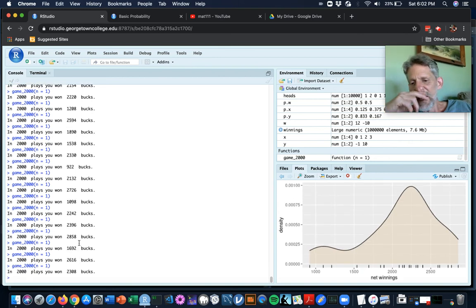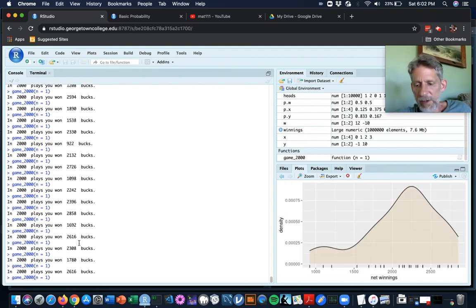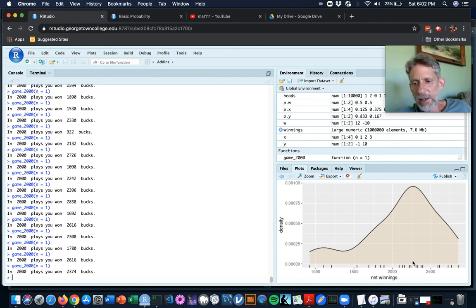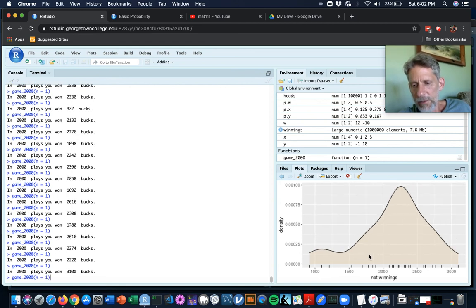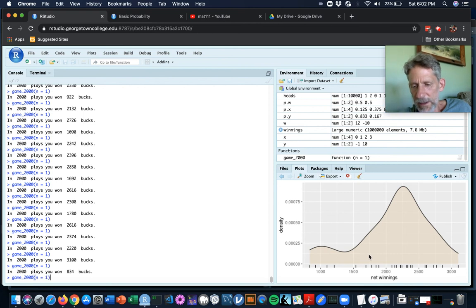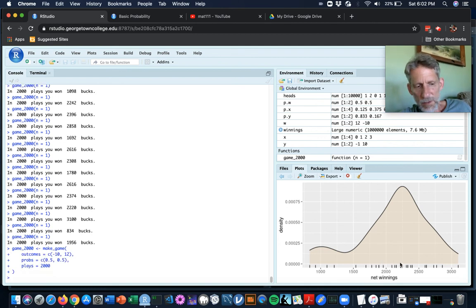Every time I run an R command over that console, I am playing that 12 minus 10 coin flip game 2,000 times and adding up my results. A lot's happening here. Every time my net winnings is getting stuck onto this rug down here, and a density plot's being made out of it. And what I see forming over here in this plot window is a big hump, somewhere around 2000, a little bit centered off of it.